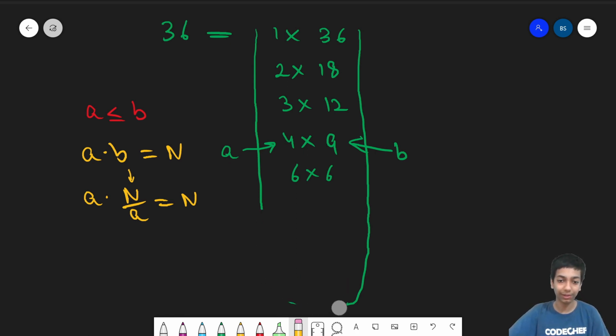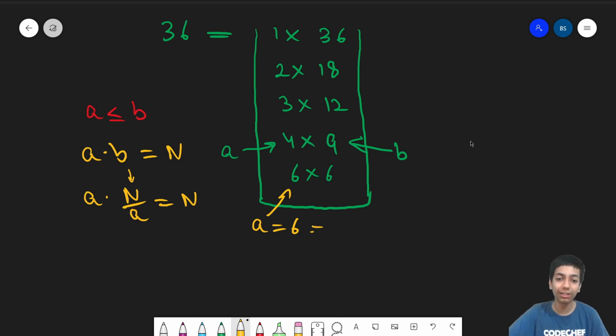So this is my new set now, a unique set which does not contain any pair repeated again, so unordered pairs. Now can you see what's the last value that a is taking? a is equal to 6 at max, right? Which is nothing but the square root of 36.